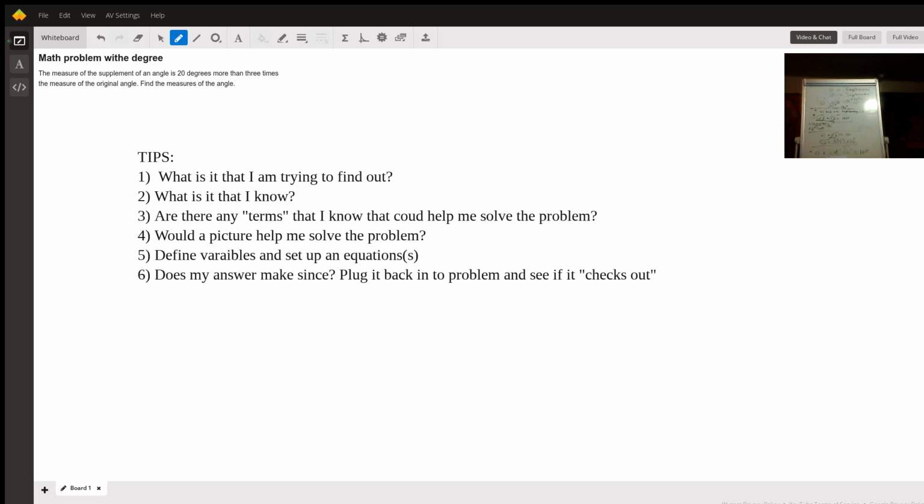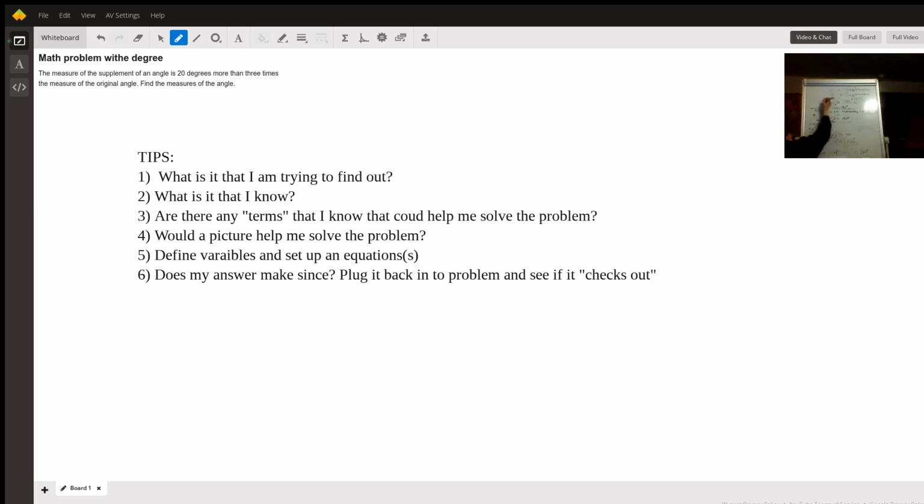Now what we have left to do is find a supplementary angle. So that's pretty easy. We got the hard part done, because once we found what angle 1 is, we know that angle 1 and angle 2 have to equal 180, right?